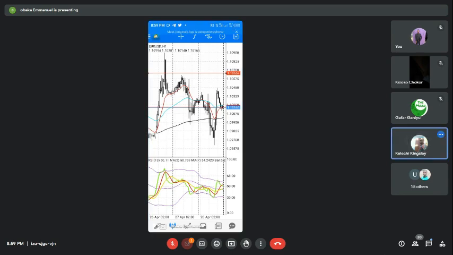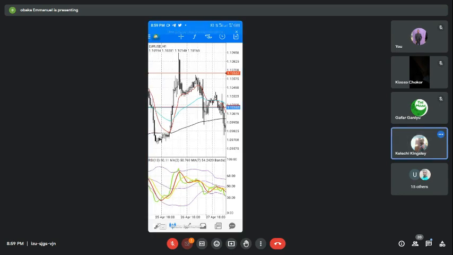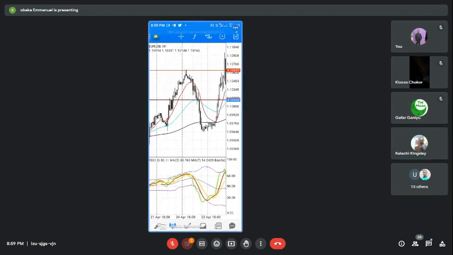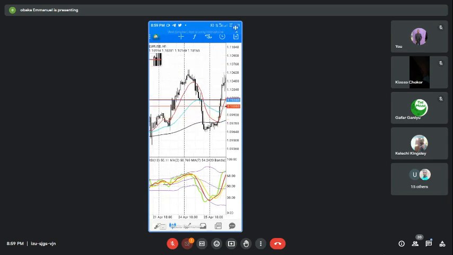Okay. But if I should take trades between here like this, then it is liquidity that is giving me extra confirmation.